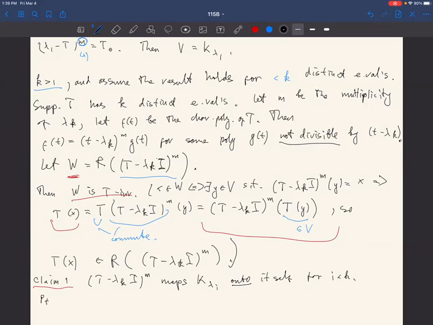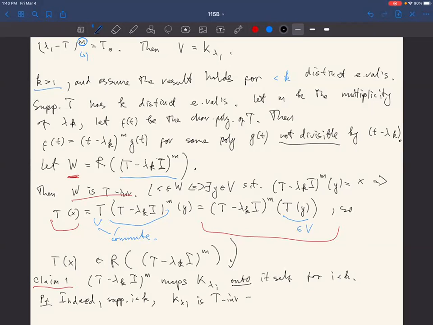Proof of the claim. Indeed, first of all, let's fix i less than k. Then we know that K_λi is T invariant. This we already know from the previous theorem, that all of the generalized eigenspaces are T invariant.